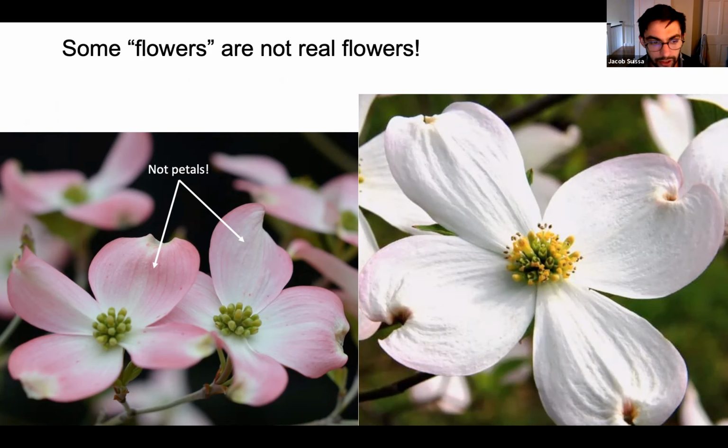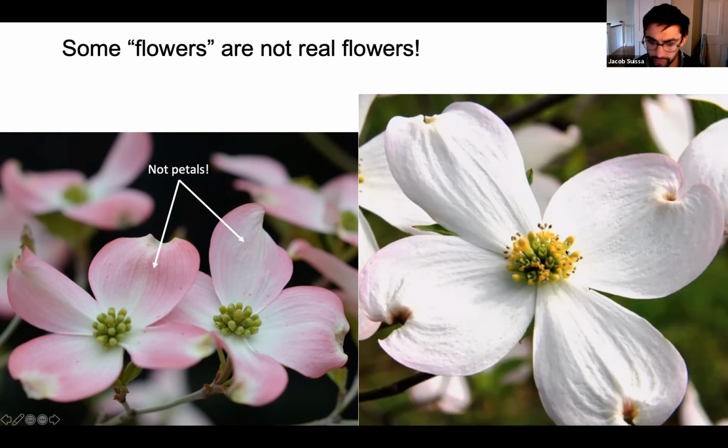But now, because you have your botanical boots on or whatever, you would look at this and say, well, this is actually not one flower. It's an inflorescence. There are multiple flowers here, and these showy things are actually leaves. When we have showy leaves that subtend inflorescences or flowers, we tend to call them bracts, B-R-A-C-T-S.